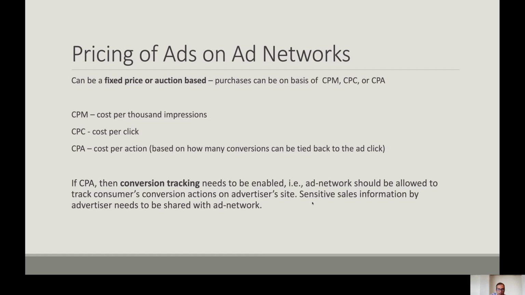This is based on how many conversions can be tracked back to an ad click, right? So an advertiser may say, I am not going to pay you on the basis of clicks on the ad. I would rather pay you on the basis of how many conversions happen on my site after somebody clicked through on the ad, right?